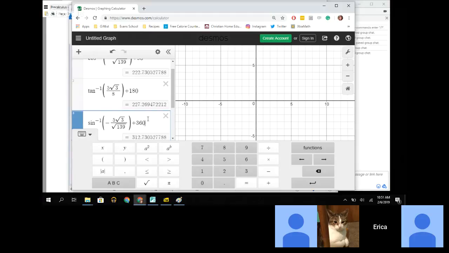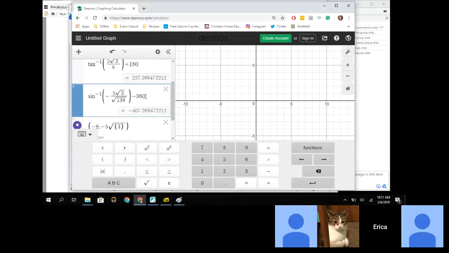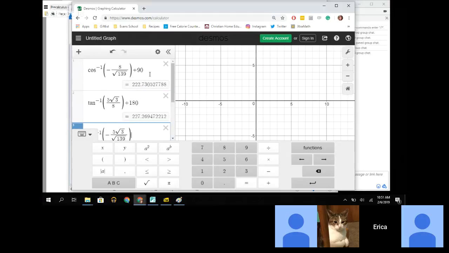All right, guys, I did something totally wrong with this and I can't figure out what it is. Maybe I need to subtract 360. No, that's not helping. I know what I'm trying to say, but my numbers are not working out for me. Did I type something wrong? 5 square root of 3, 18. Did I forget a negative?